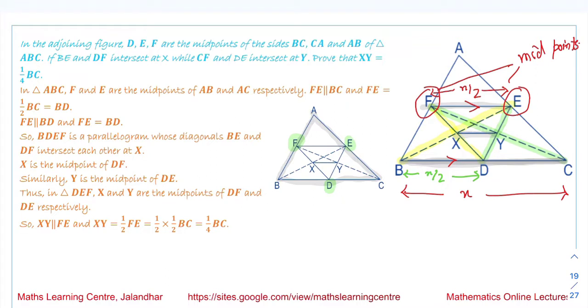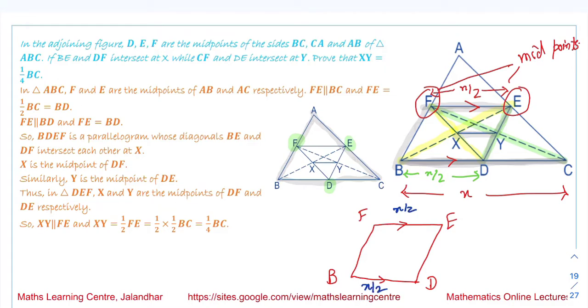We are saying B, D, E, F. This figure we are talking about, I am drawing it over here. It is B, D, E and F. This is a parallelogram because these two sides are parallel to each other and their length is X by 2, so they are equal in length.